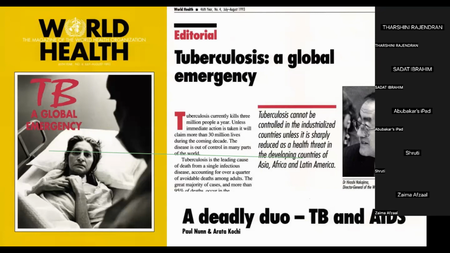Tuberculosis cannot be controlled in the industrialized countries unless it is sharply reduced as a health threat in developing countries of Asia, Africa, and Latin America. And with the advent of HIV, tuberculosis and AIDS became a deadly duo.